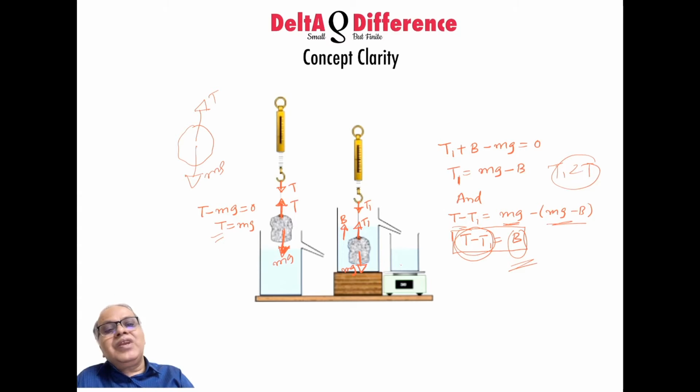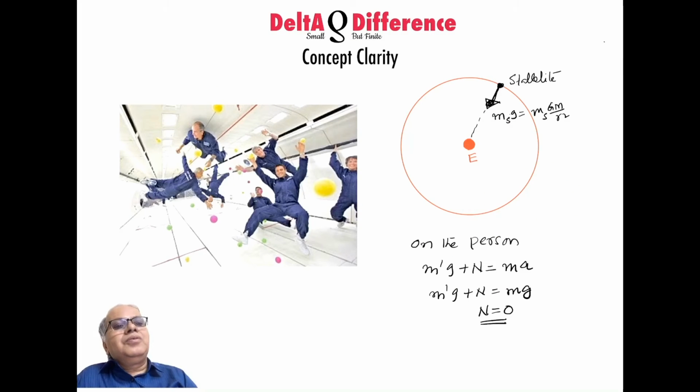What we call weight reading will change. So these tensions, these normal forces, all these things are what we are actually referring to as apparent weight. Now, that interesting thing, astronauts feeling weightless in the satellites, we'll address now.